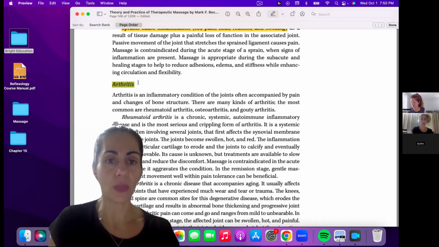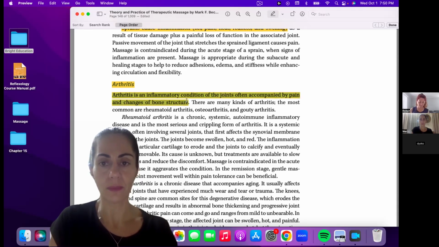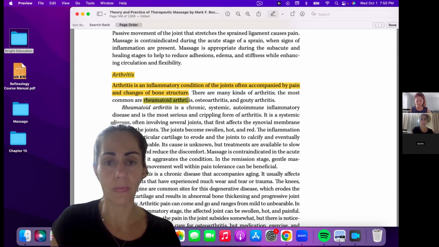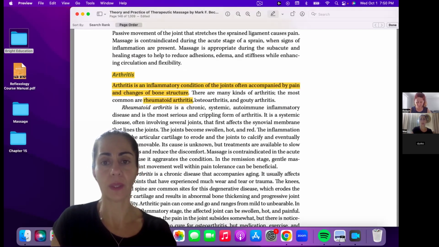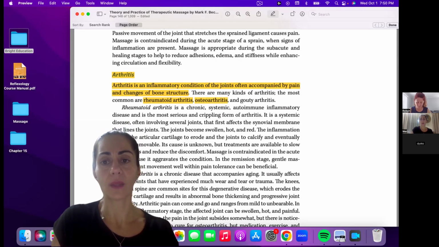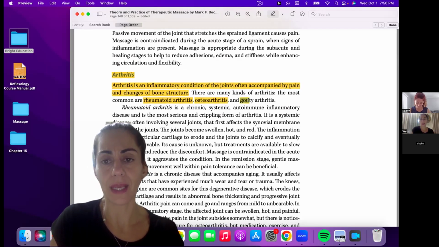Next, we've got arthritis, which is inflammation of the joint. And there are many kinds. There's rheumatoid, which is autoimmune, osteo, which is of the bone, or gout, a buildup of acid in the big toe.